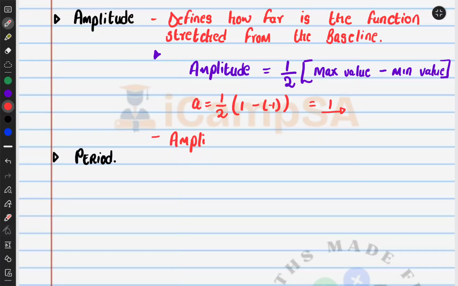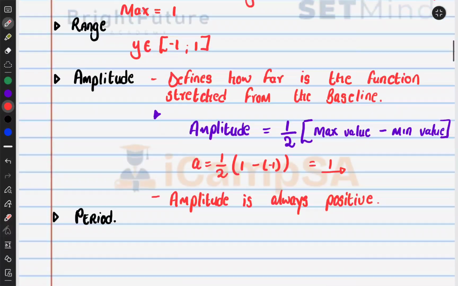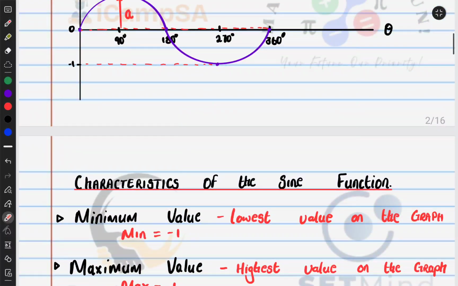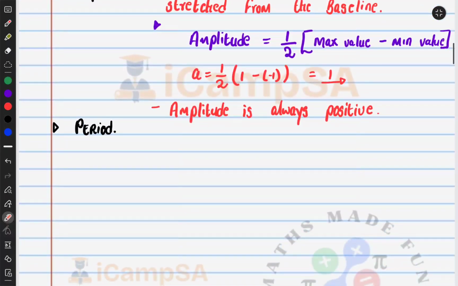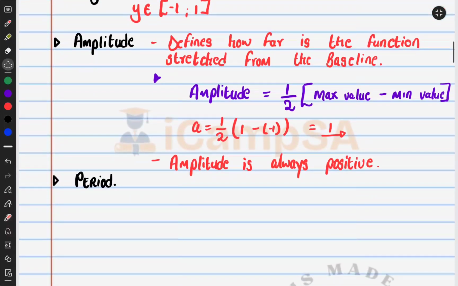Some of you, once you start dealing with flipped or reflected functions, see the function starts by going below the x-axis, and then you think your amplitude is -1. We take the positive value, the absolute value, so your amplitude is going to be +1.